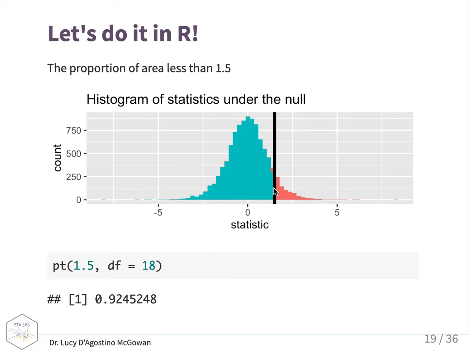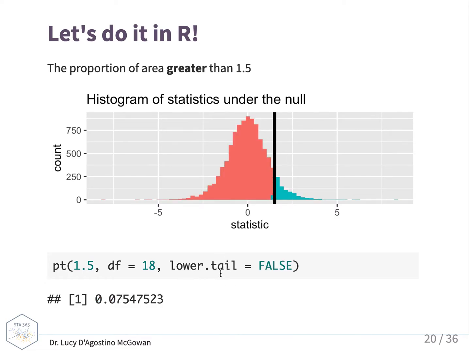It shows you the probability of being to the left of this value. This is kind of the opposite of what we're looking for, and if you'll notice, it's only one-sided. I don't have both sides. So this is saying that 0.92, 92% of the mass of this distribution is to the left of this 1.5 line.